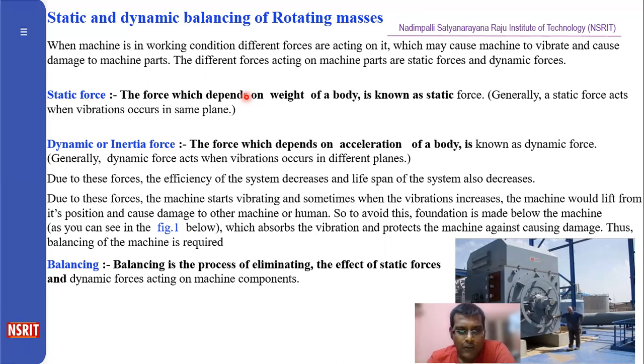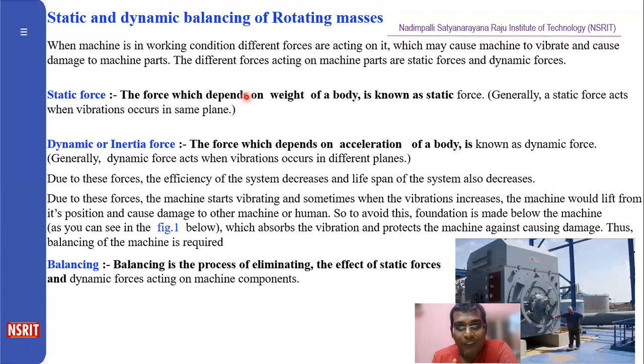Due to these forces, the efficiency and lifespan of the system decrease, all due to vibrations from improper balance. When the vibrations increase, the machine may lift from its position and cause damage to other machines or humans.